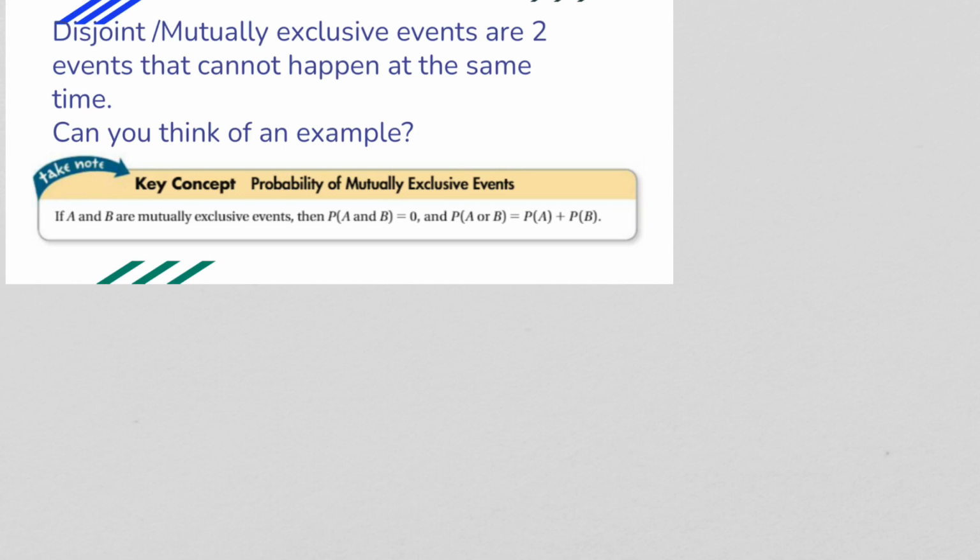If A and B are mutually exclusive events, then if you have the word and in the problem, that answer is impossible. Like I was just telling you those examples, that's 0. If you have the word or in there, now here's totally different than the other one. You're going to be adding the two probabilities of these events together.